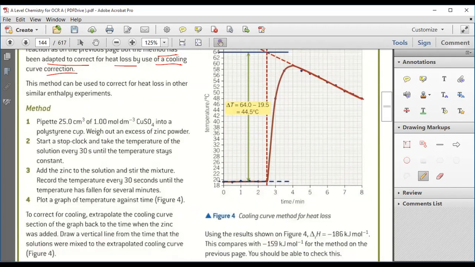This method can be used to correct for the heat loss in other similar enthalpy experiments. So the main purpose of the cooling curve experiment is to correct the heat loss for the enthalpy experiment.